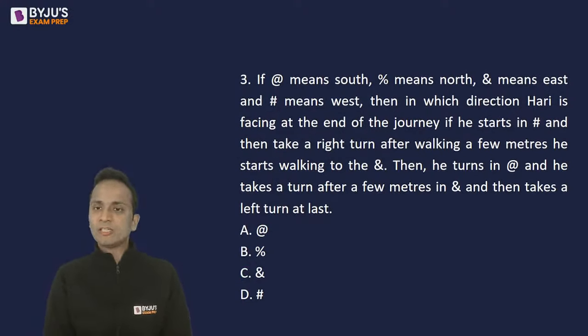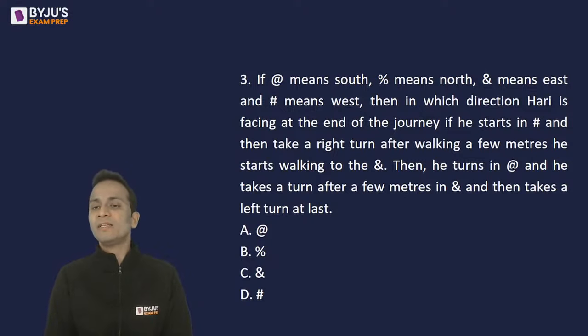Question number 3 is a question of direction sense using some codes. So, if at the rate means south, percentage means north, and means east, and hash means west, then in which direction is Hari facing at the end of the journey if he starts in hash and then takes a right turn? After walking a few meters, he starts walking to the and.